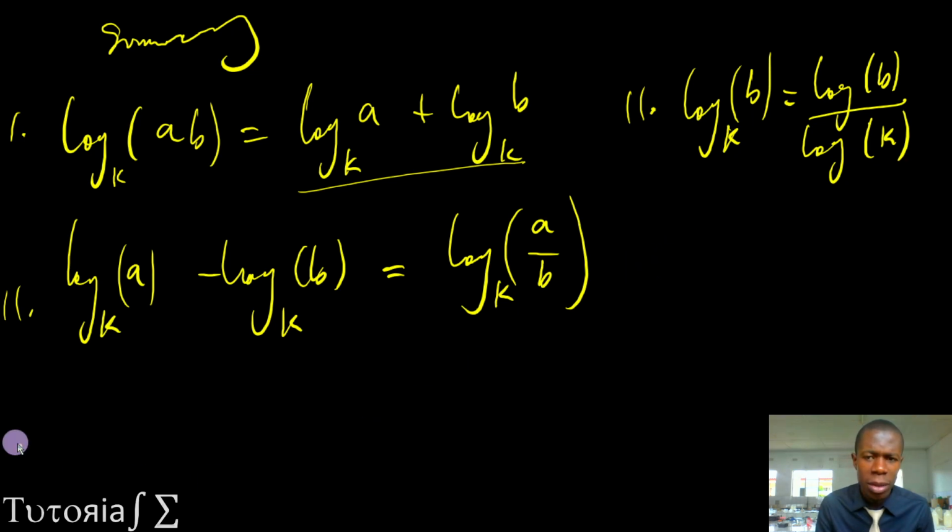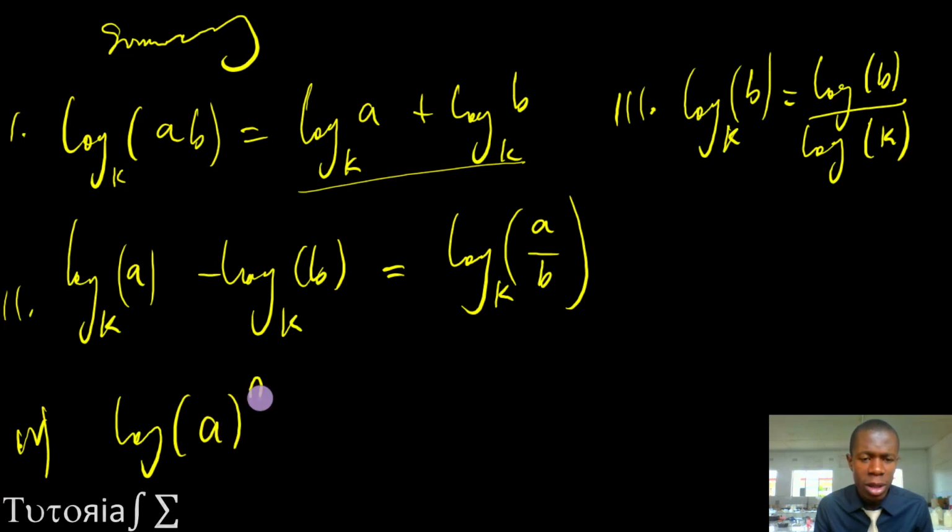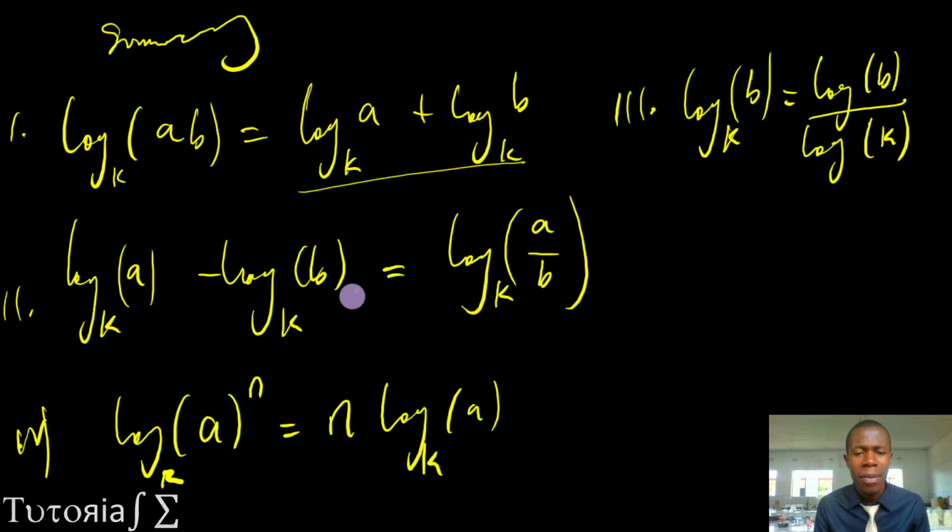So that is 4. The power rule states that if you have log of a, then everything here is raised to some power n, and we have base k. The base will be maintained, and the power will drop. So n log of a and the base k. So these are some properties that you should know.